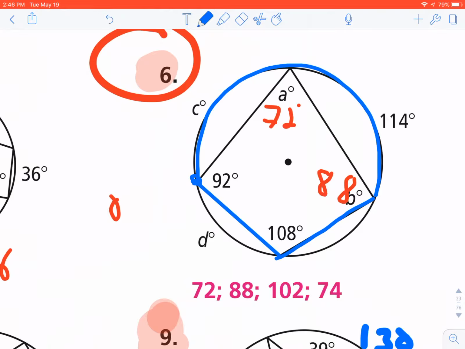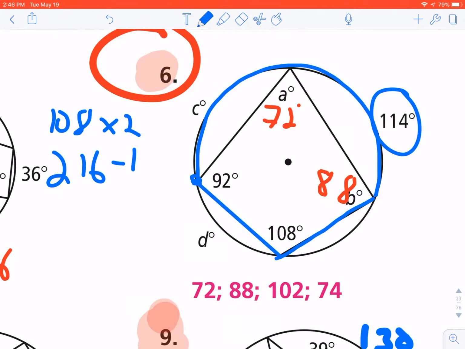So what I did was I took 108 times 2, and that gave me 216, and then I'm just going to remove the part that I don't want. So 216 minus 114 left me with arc C being 102 degrees.